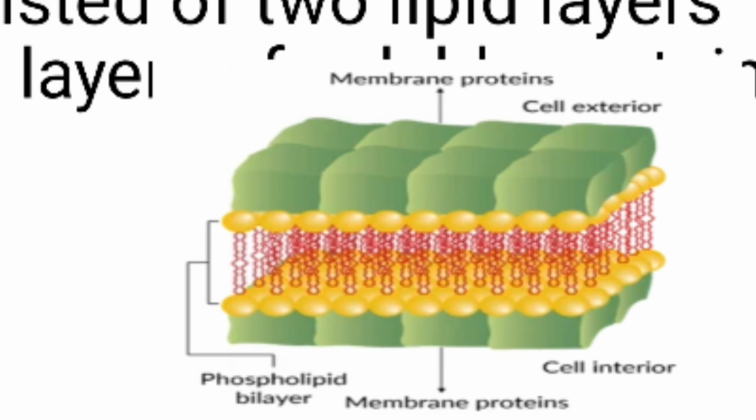The green up and down is the continuous protein layer. Then the inner yellow and red sandwich is the lipid layer.